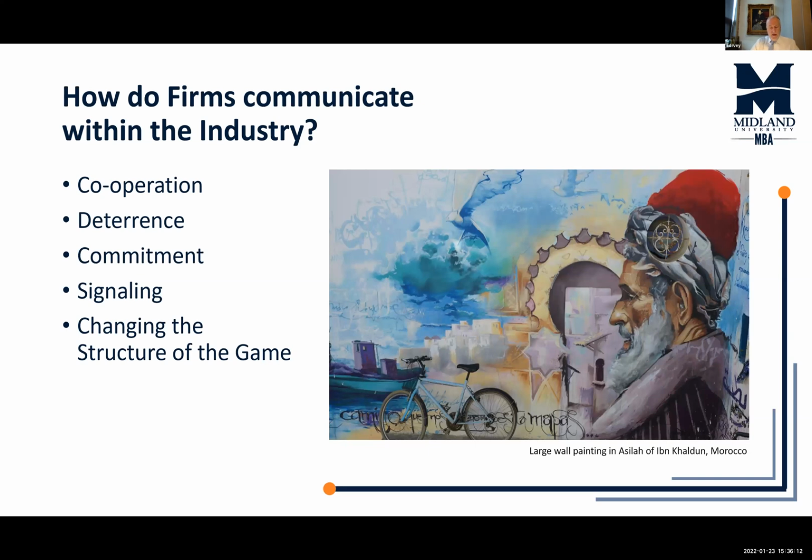And then when we think of communication, we think of cooperation. How is the firm cooperating? What strategic alliances has the competitor firm entered into? What acquisitions has the competitor firm made?